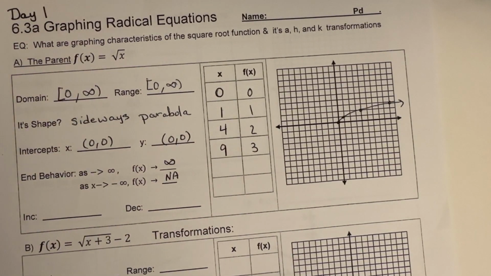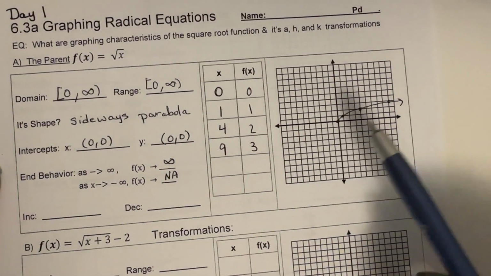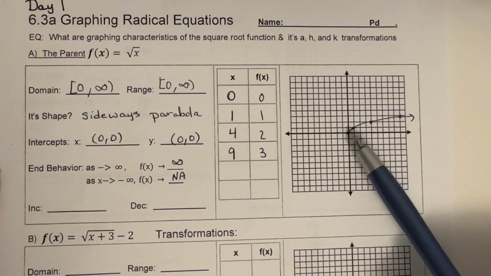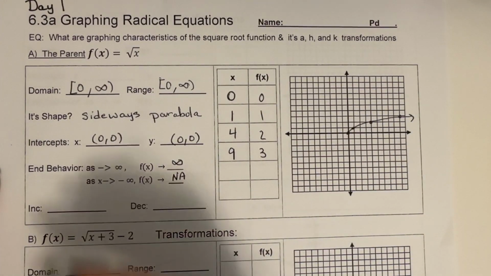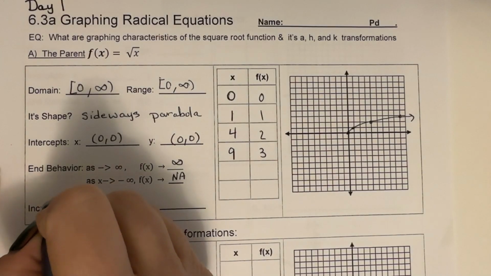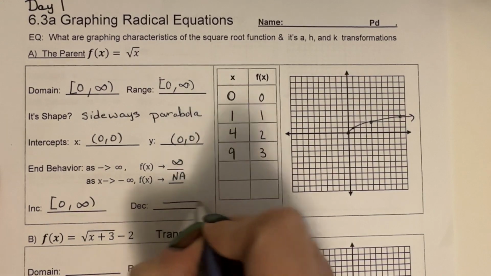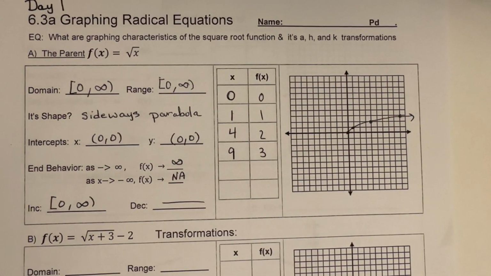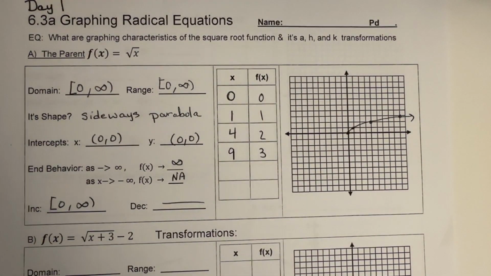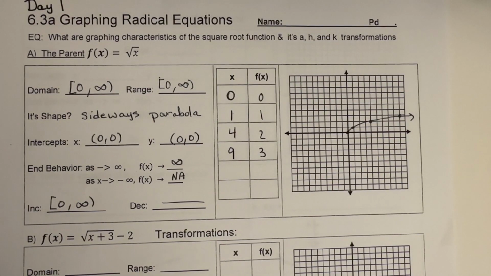Remember, when you're doing these, you're only talking about x values. So my x values in this case are going to go from 0 all the way to infinity. And it actually is 0, so make sure you put a bracket on it. There is no spot where the graph is decreasing. So that is the parent function for most of the graphs we're going to be looking at today.